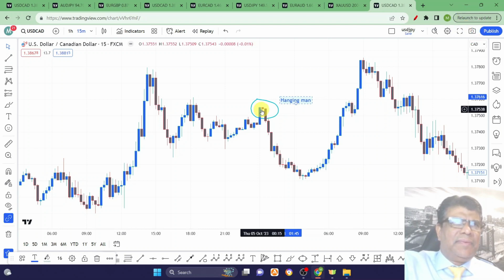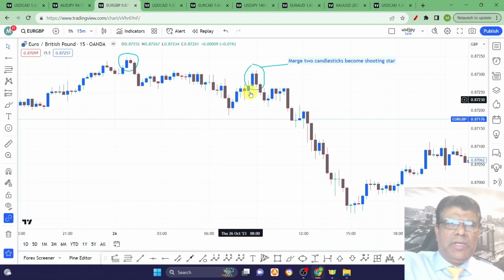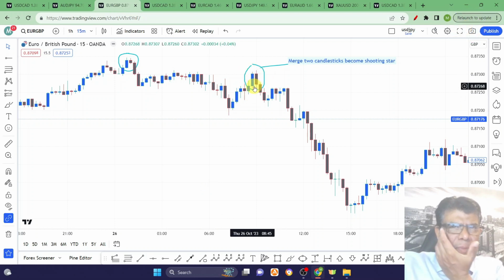And the last one that I want to cover is that you can merge two candlesticks together and make one. So for example, look at this one. Just imagine and picture it.